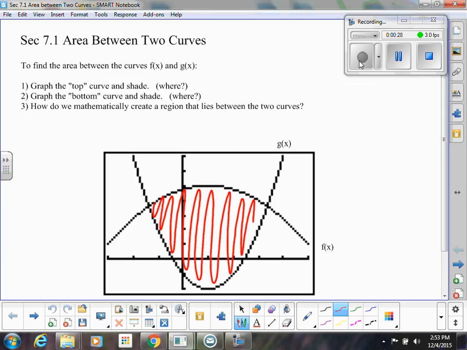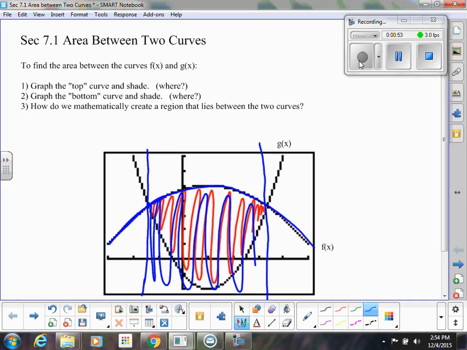And if I just do the area under this top curve, and keep in mind the red part stops here and here, if I just do that part, area under the curve, then it's all of this stuff here. So I don't want all of that. I don't want this blue stuff that's not overlapping the red.